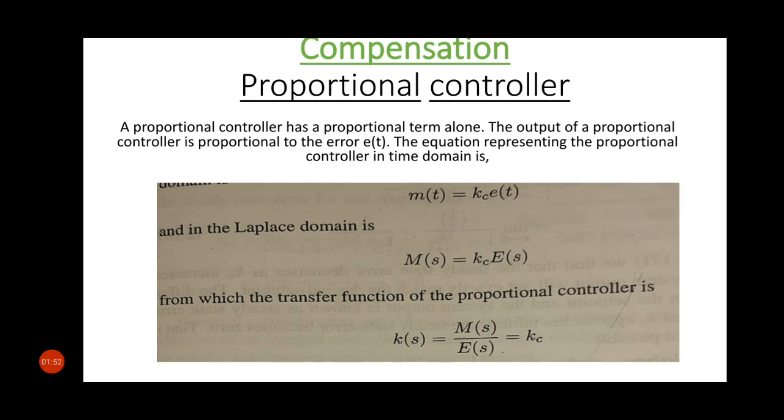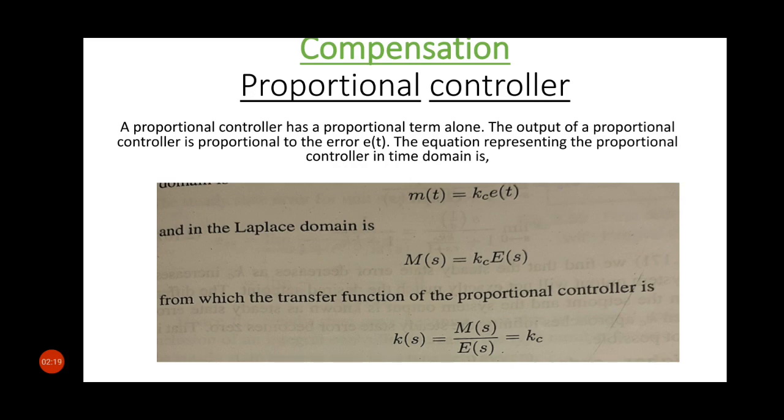First we discuss the proportional controller. A proportional controller is a compensator and its output is proportional to the error e(t), that means the difference between the reference and the output of the system.